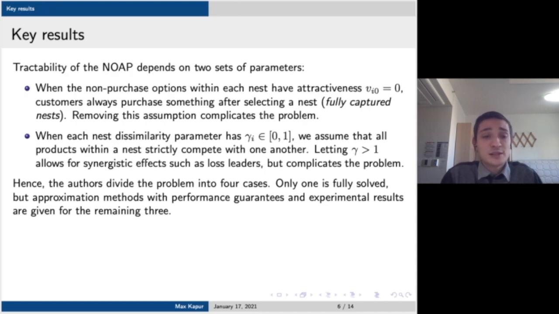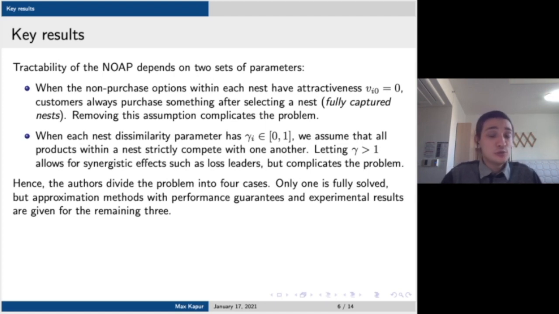The key result of this paper is that the tractability of this problem depends on two sets of parameters. First, when the non-purchase options within each nest have zero attractiveness, then customers are always going to purchase something once they've selected a nest. And if we remove this assumption, it complicates the problem. Second, when the dissimilarity parameters are in 0, 1, we assume that all of the products in a nest strictly compete with each other.